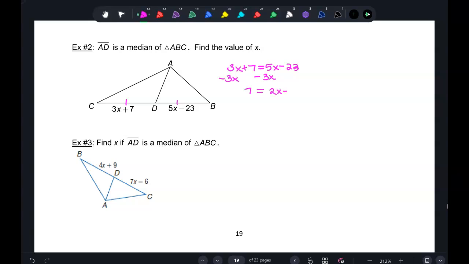When they're both congruent, it means they're equal to each other, because they have the same value. Then add 23, and divide by 2. What's 30 divided by 2? 15. Good.